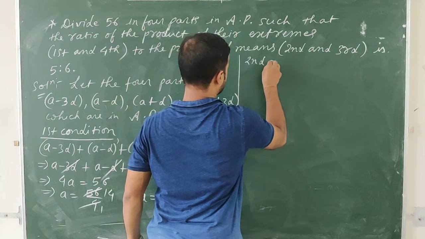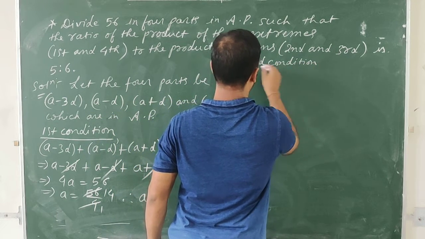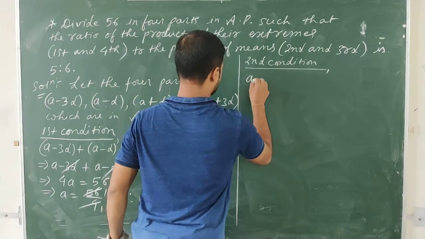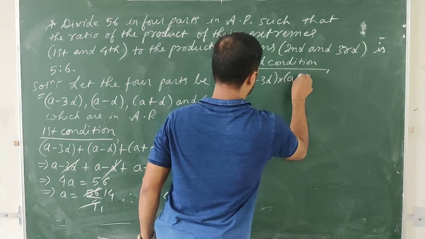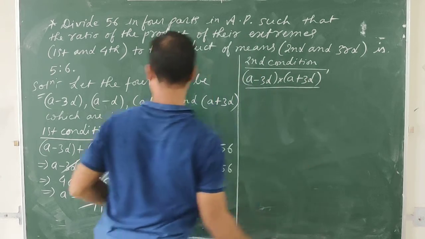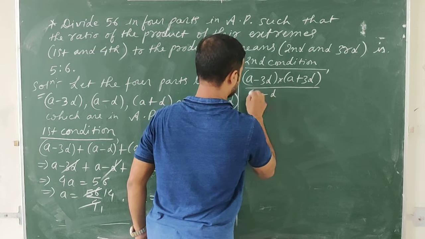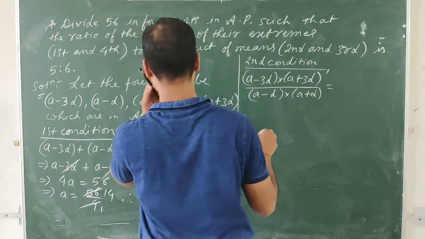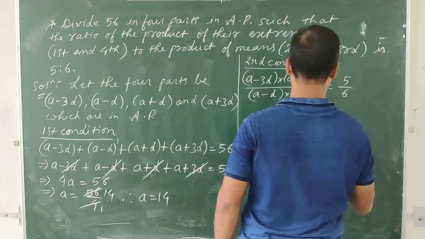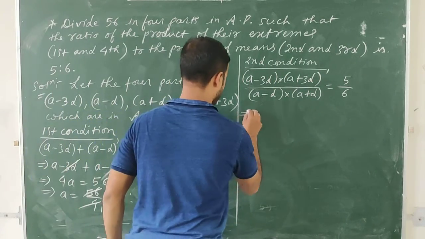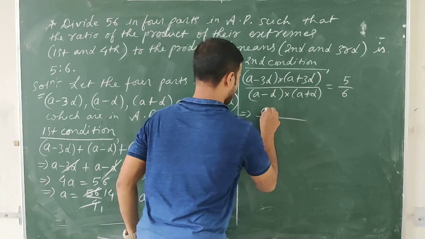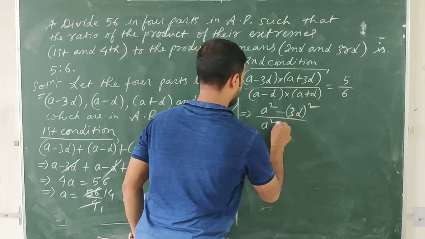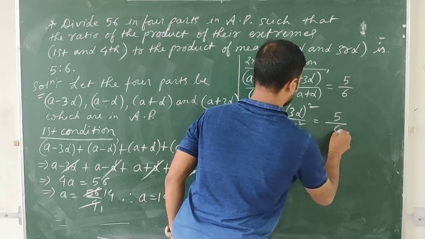The product of the extremes, these are the extremes, is a minus 3b times a plus 3b, and the product of the means is a minus b times a plus b, which gives a square minus b square, equal to 5 by 6.